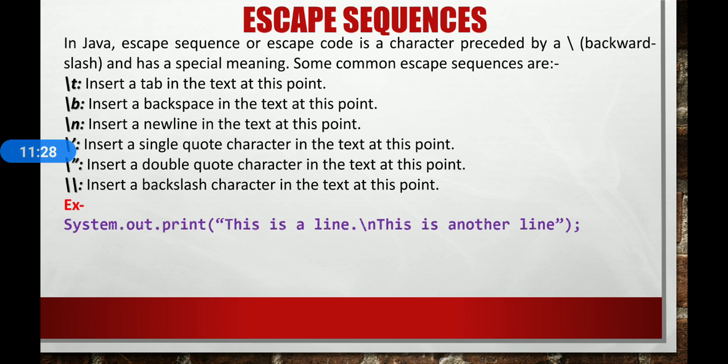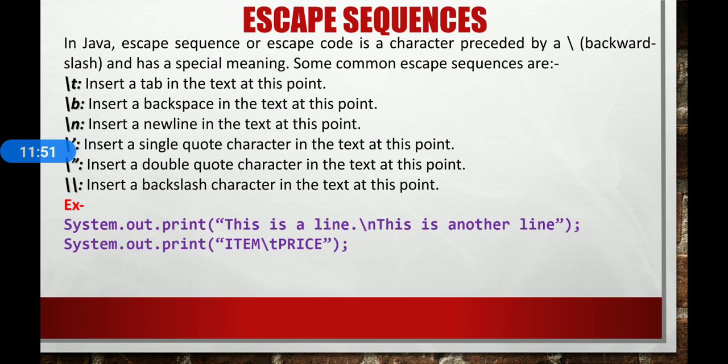Here is an example given. System.out.print("This is a line\nThis is another line"). It means that "This is a line" is displayed in the first line, and then since \n is given, "This is another line" will be displayed on the next line.